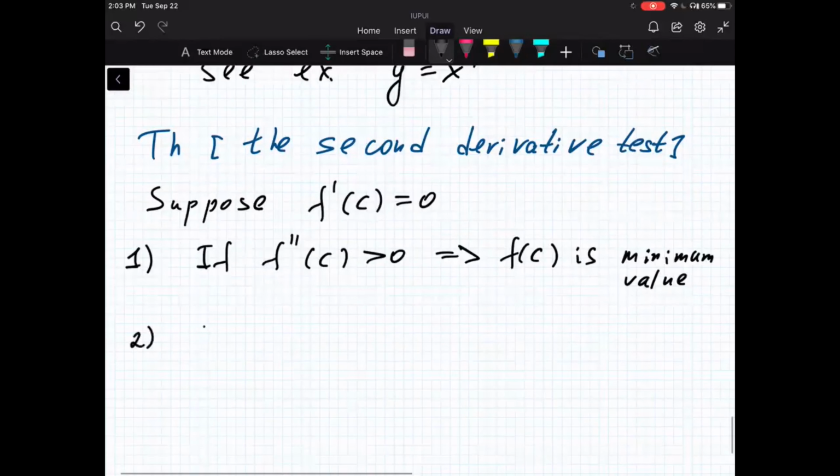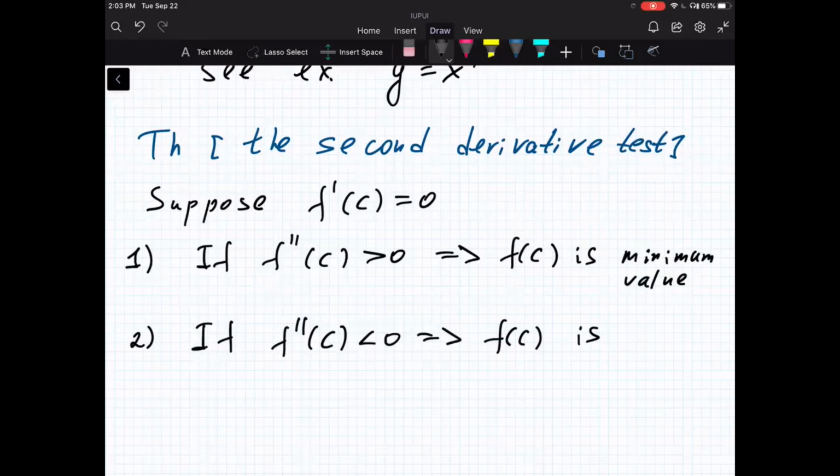If it's negative, then f of c is a maximum value. Again, in this case, it's local.